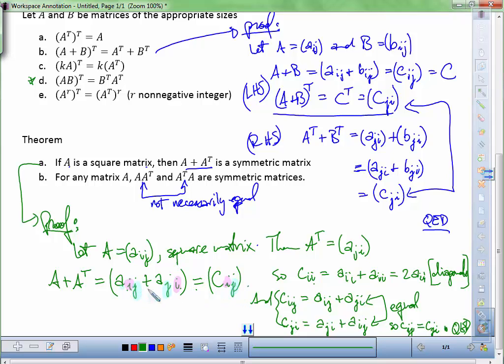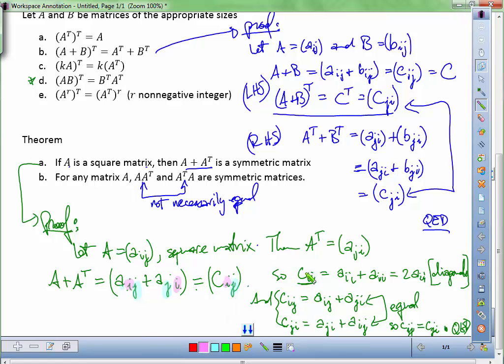So if I'm looking for the diagonal of the new resulting matrix, wherever I see an i in the first slot, I'm going to replace it where the i should be according to this definition of the sum, and then wherever there's a j in this slot, plugging it into what we said.